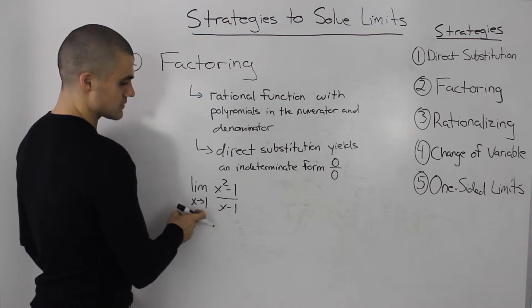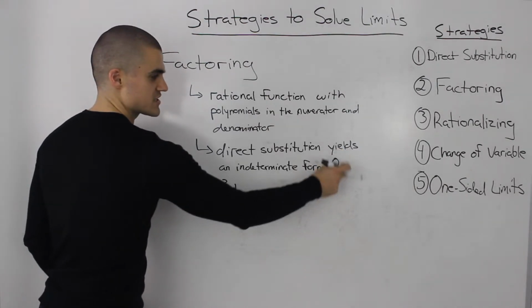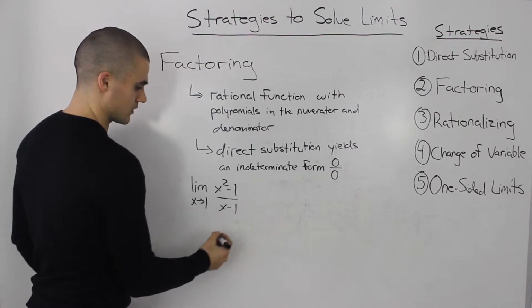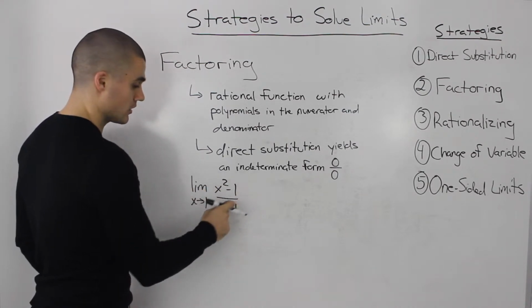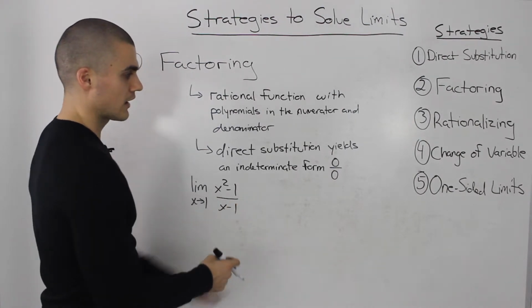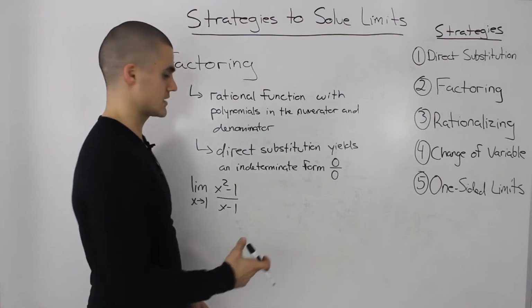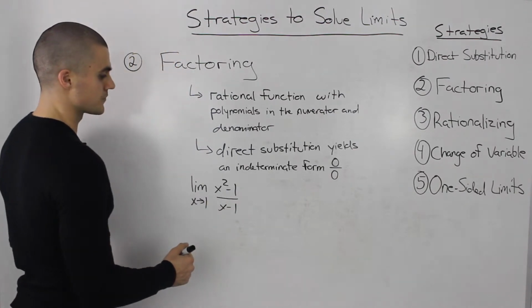And if we directly substitute 1 into this function, we'll get a form of 0 over 0. Okay, so if we try to plug in 1 squared minus 1 is 0 in the numerator, and then 1 minus 1 is 0 in the denominator. And then 0 over 0, that's undefined. So we can't just use direct substitution.